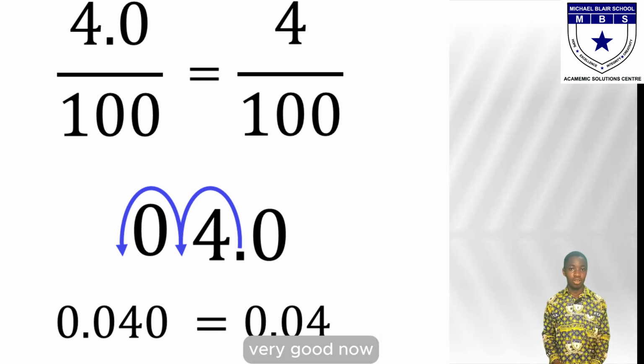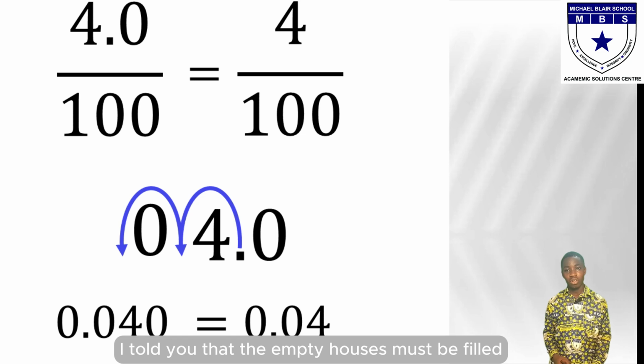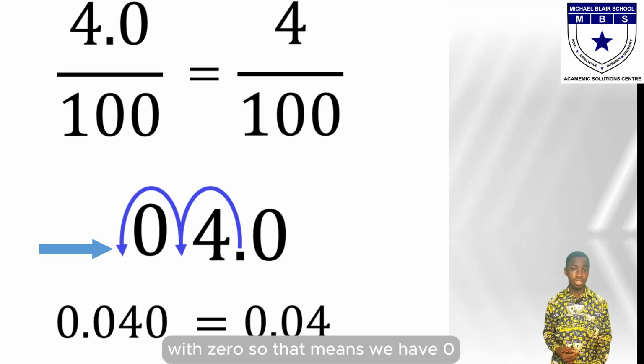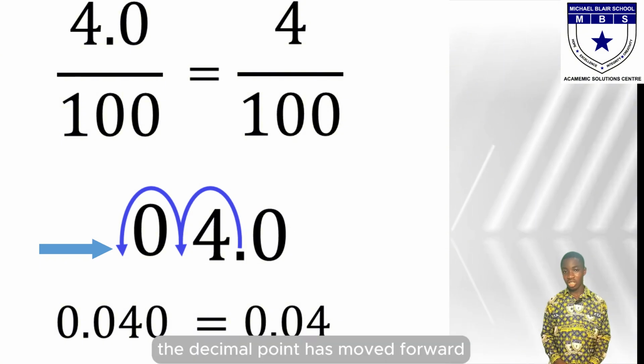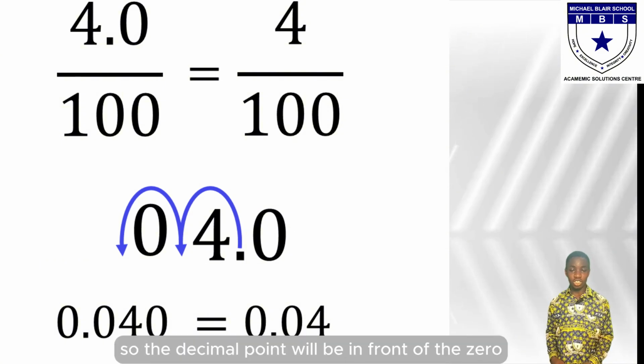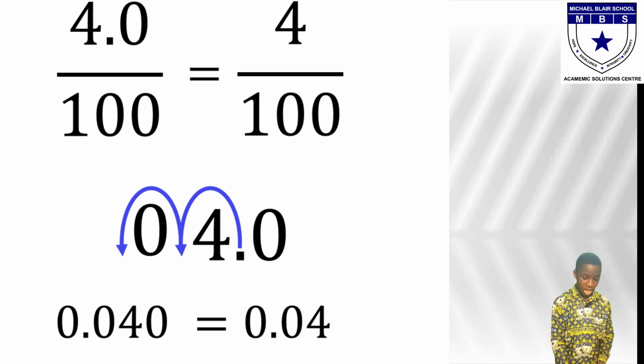Very good. Now I told you that the empty houses must be filled with 0. So that means we have 0, 4, 0. But that's not the answer. The decimal point has moved forward. So the decimal point will be in front of the 0 we are having here.